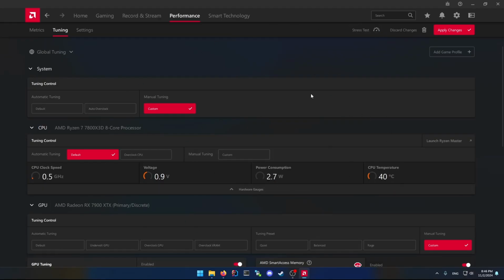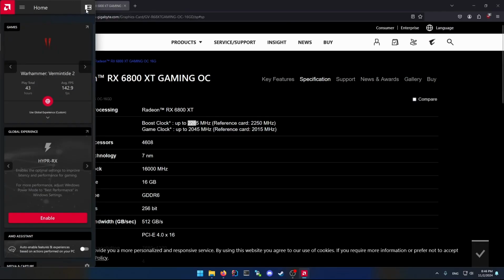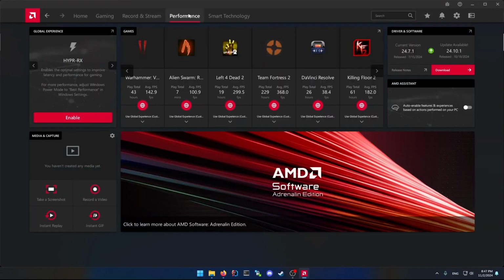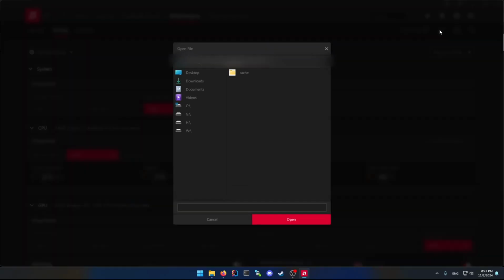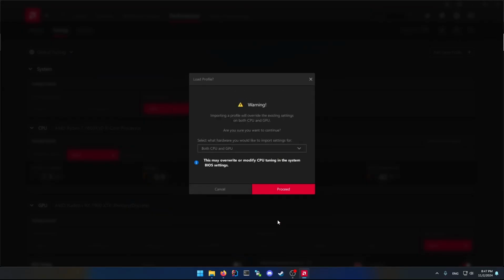For some odd reason, I have no idea why it does that. The simplest solution would be to make sure you save that preset.